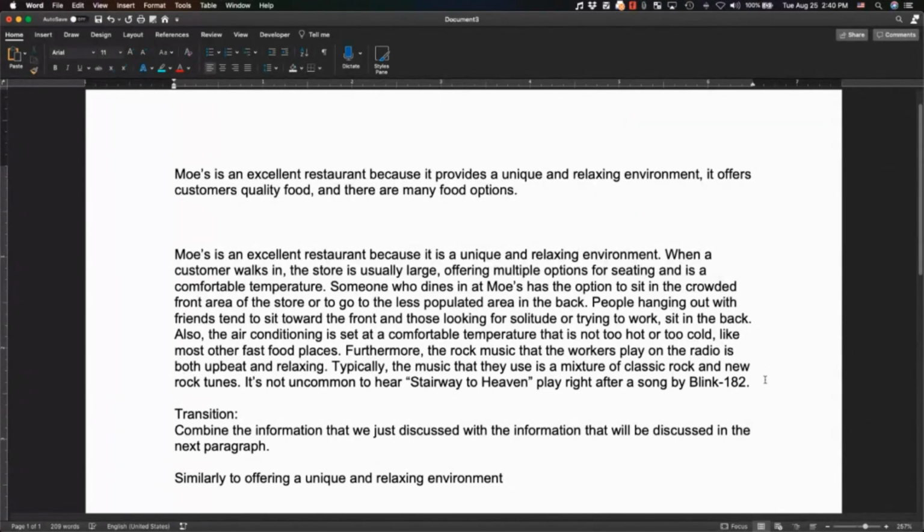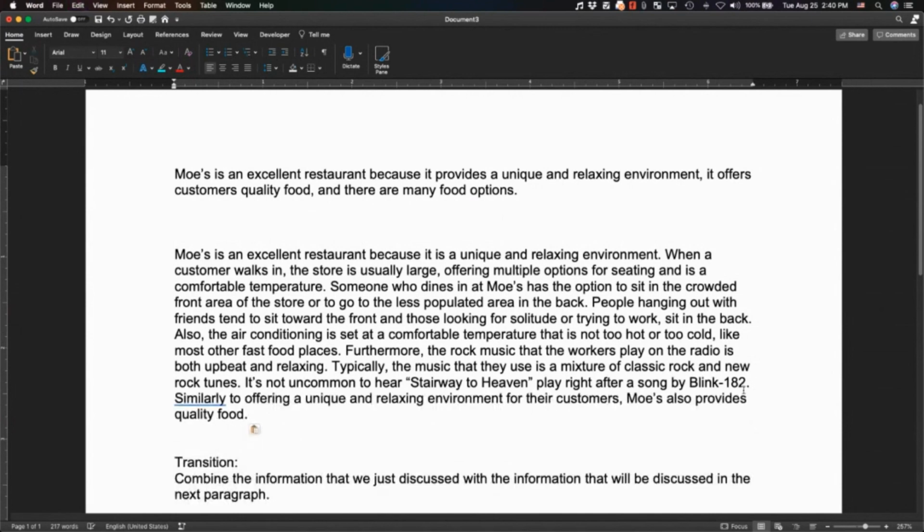So similarly to offering a unique and relaxing environment for their customers, Moe's also provides quality food. Boom. And we've now tied this notion of a unique and relaxing environment for customers into this thing that's coming next about food. All right, so what I'm going to do now is cut this and paste it where it needs to go.